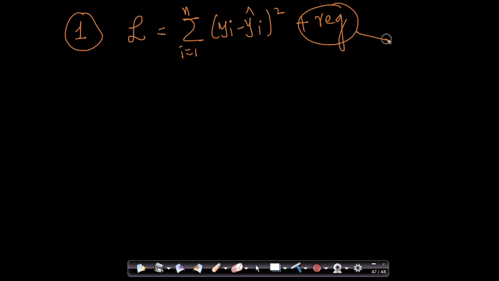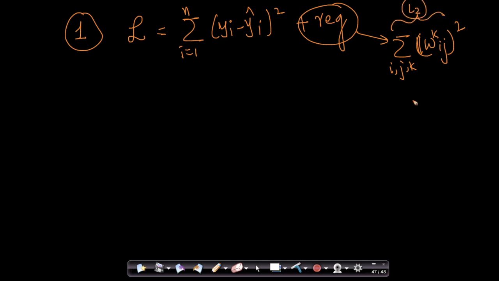Typically your regularization will look like a summation over i, j, k, all the possible values of i, j, k, of the square of w. This is the equivalent of L2 regularization.